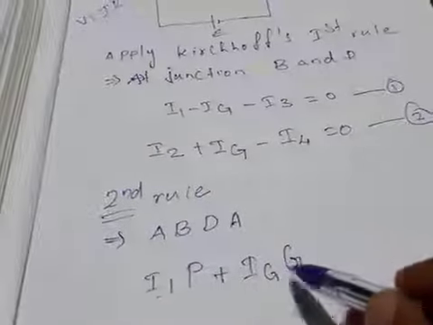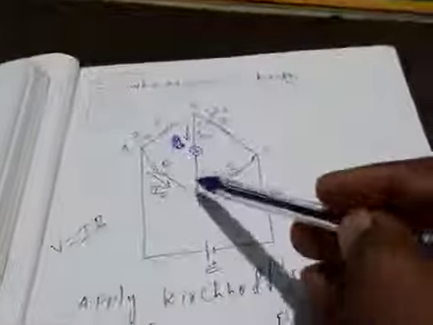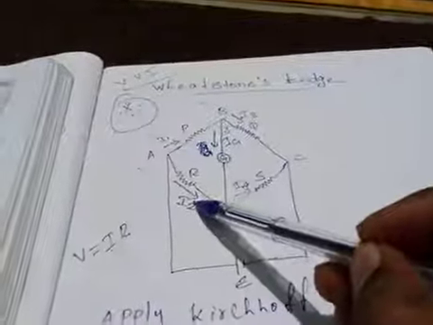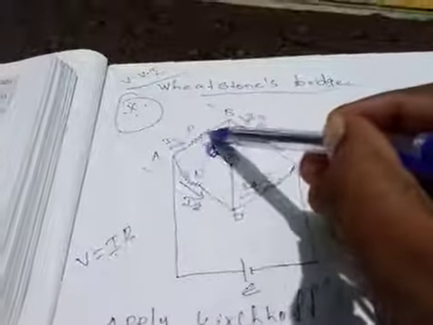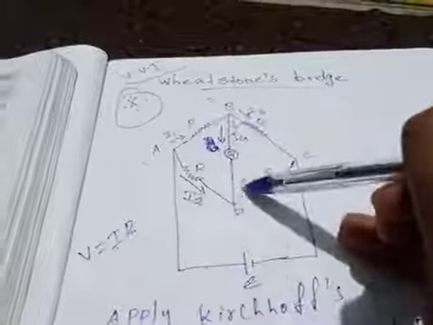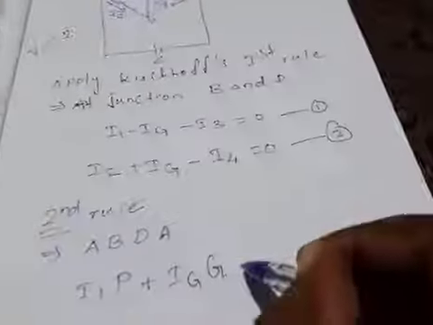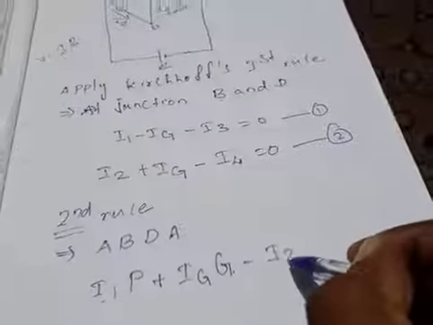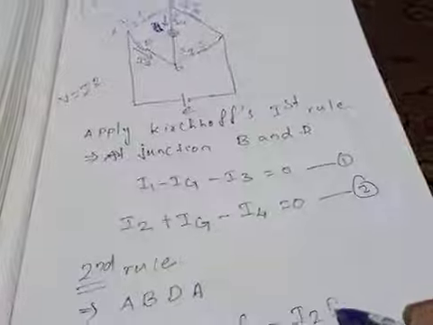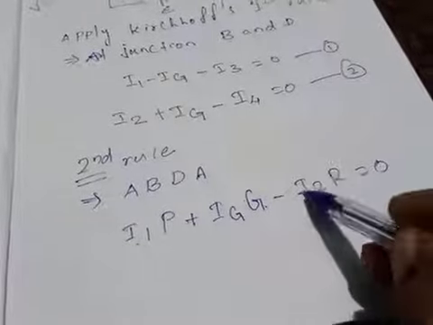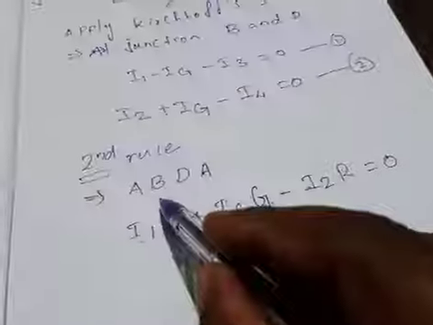This is also V equal to IR format. Now this is opposite. You see the arrow marker like this, but this I2 is opposite, so you have to put minus. So minus I2R equal to 0. This is the second rule we applied on loop ABDA.